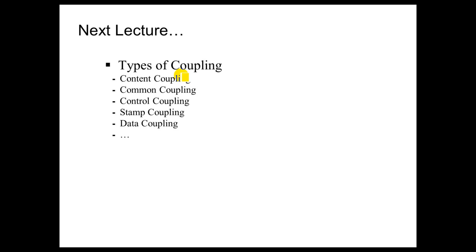There are a lot of other scenarios in which we may encounter coupling or tight coupling. So we need to know the different types of coupling so that we can get rid of these issues. Especially in the next lecture, you will come to know about this in greater detail.